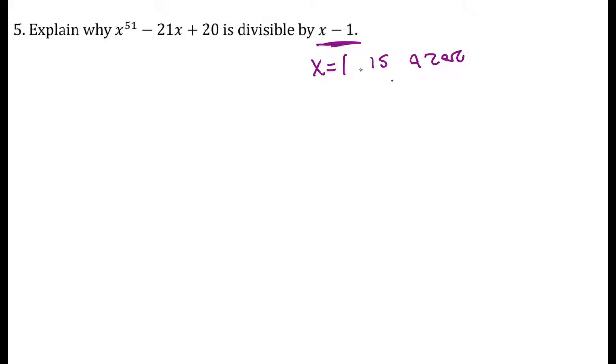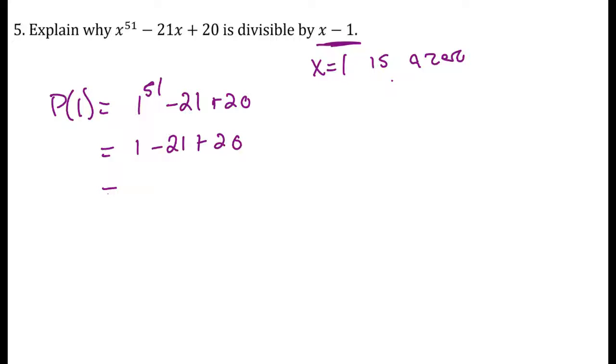So using the remainder theorem, if I plug in a 1, I would get 1 to the 51 minus 21 plus 20. So that gives me 1 minus 21 plus 20. That sum is 0. So the remainder, when I divide by x minus 1, is 0, which means it's a factor, which means it's divisible.